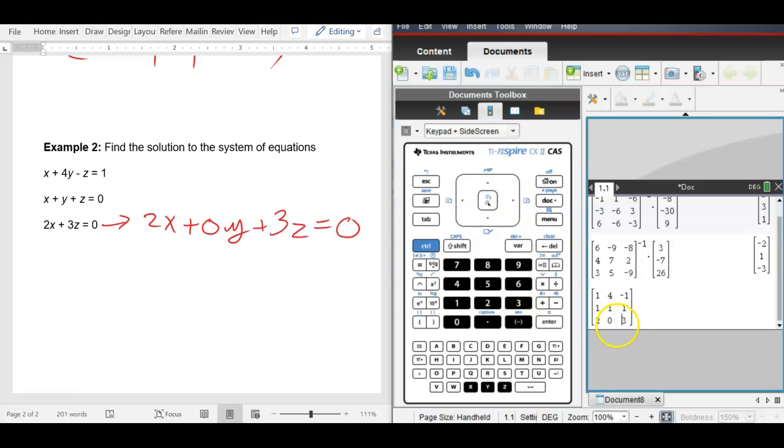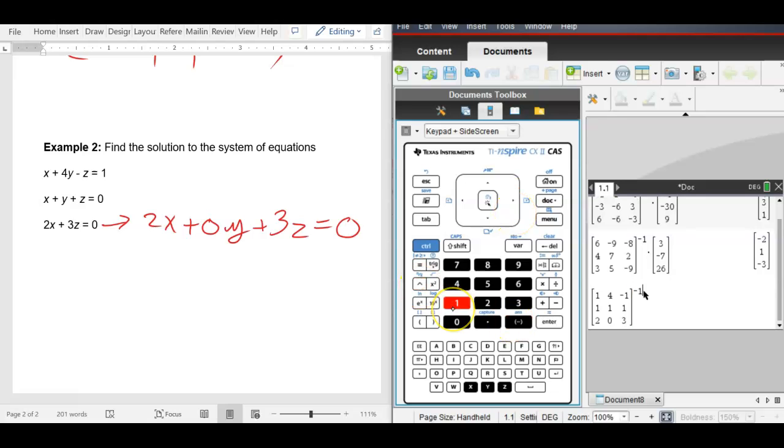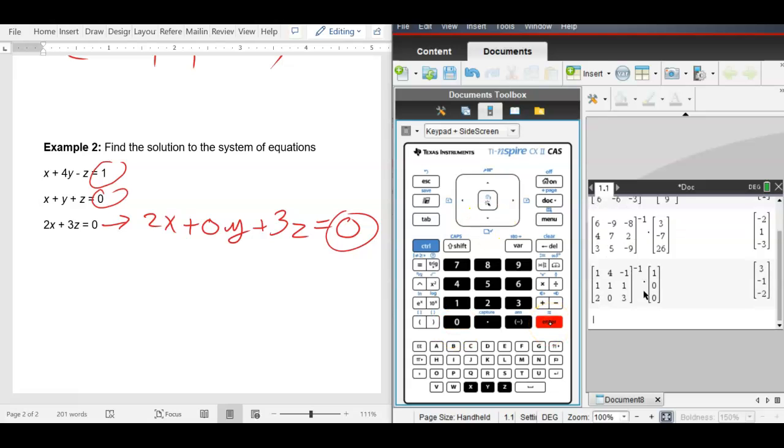Does everyone see this bottom row is 2, 0, 3 because y is missing, y is 0? Then I go to the right, caret -1, go to the right, menu 711, 3 tab 1, and I put 1, 0, 0, 1, 0, 0. Hit enter. You should have got 3, -1, -2. We'll write it like this.